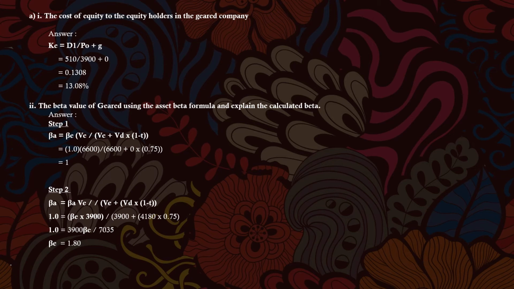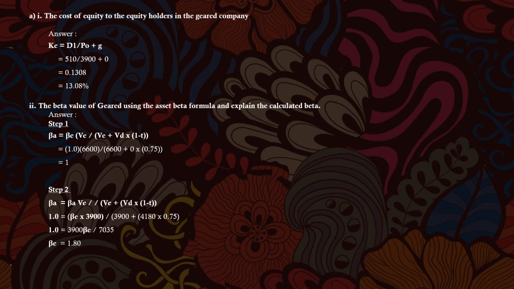The first requirement of the case is to calculate the cost of equity to the equity holders in the geared company. To answer this question, we use the Ke formula, where Ke is equal to dividend divided by current market value plus dividend growth rate.